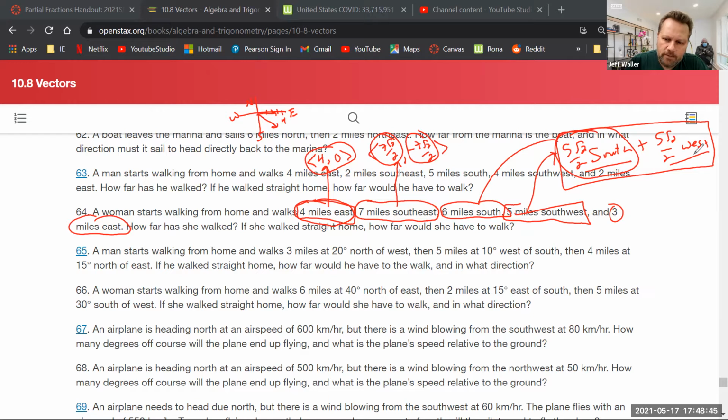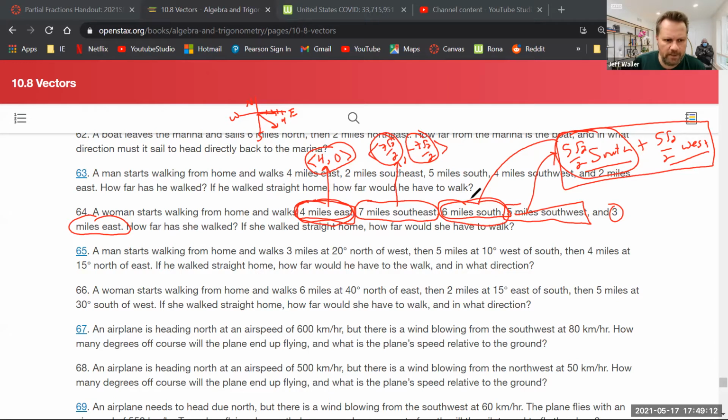How do you guys feel about what's happening right now? So if I break down the vectors that are combined cardinal directions into their parts, couldn't I put the 4 miles east together with the 6 miles south and make so much southeast? Do you understand what I just said?